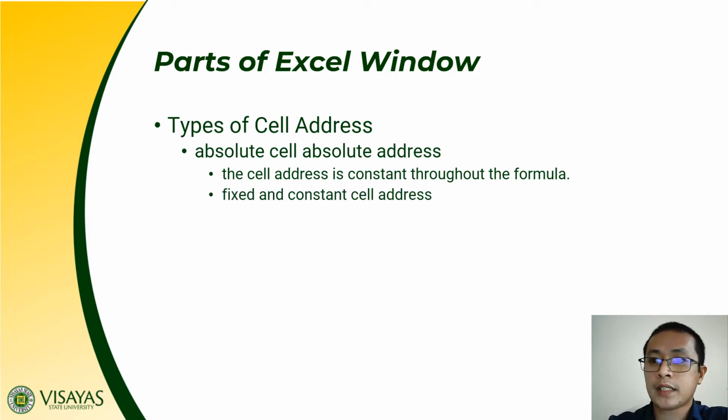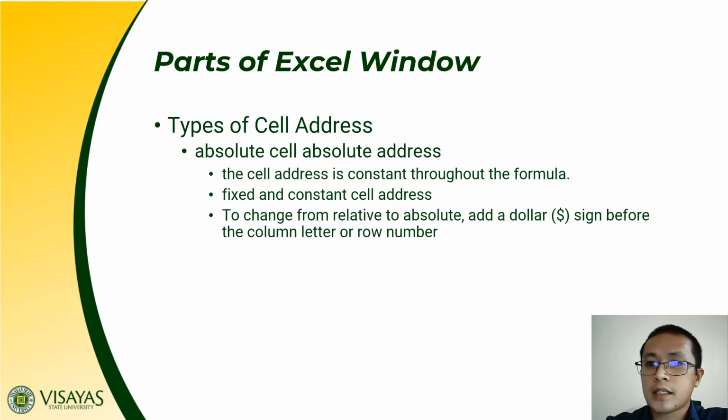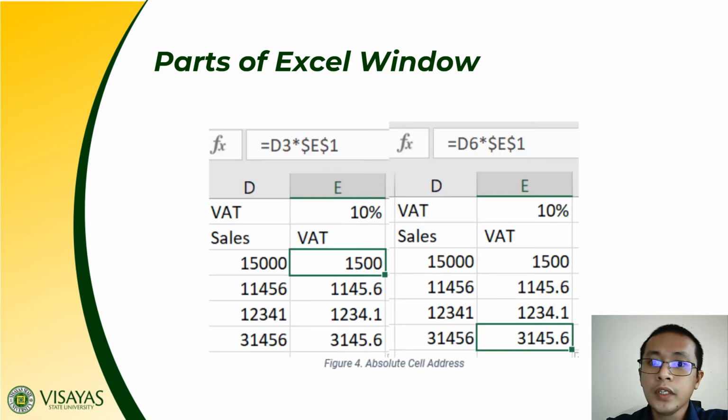Again, it is a fixed and constant cell address. Your absolute cell address still contains your column letter and a row number, except that we are going to append a dollar sign before the column letter or before the row number where we want it to be fixed. For example, we have here your relative cell address, D3, and then we also have your absolute cell address here, $E$1. So what does it mean?